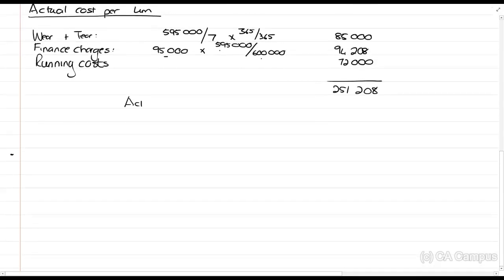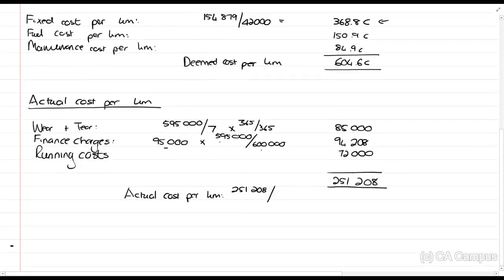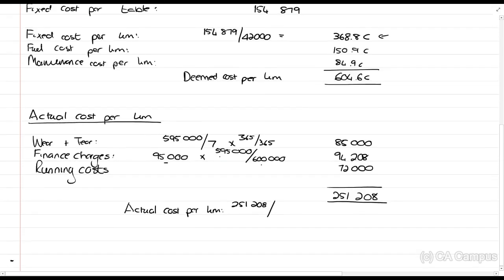So our actual cost per kilometer is 251,208 divided by our total kilometers of 42,000, which is 598.1.